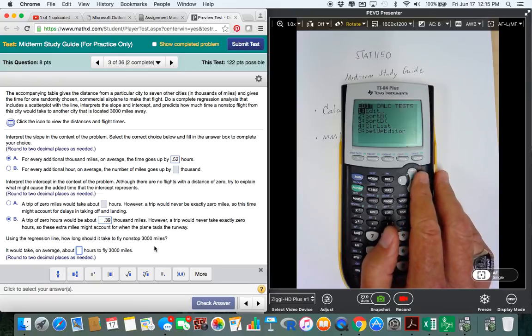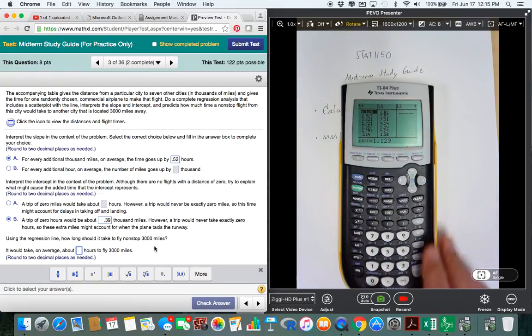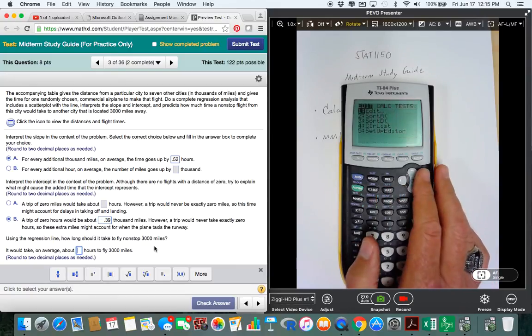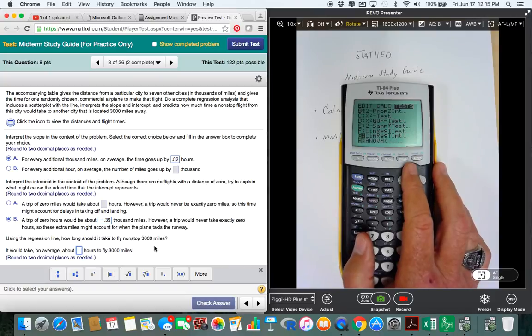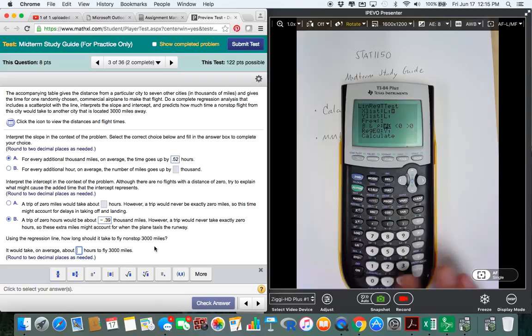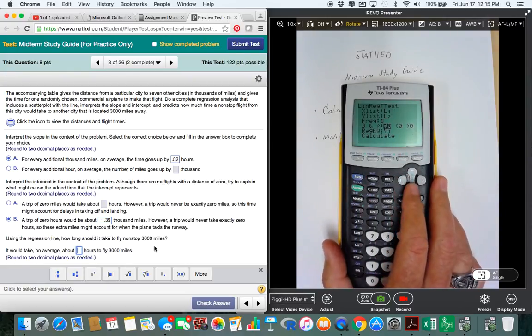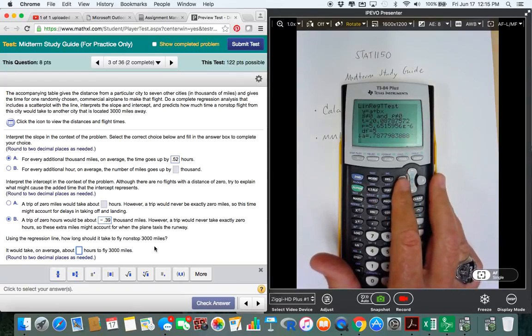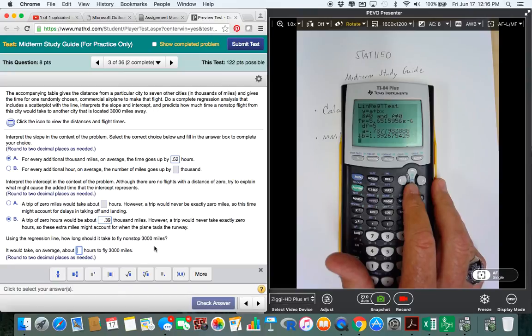So I have stat, L1, L2, right? Okay, cool. So I want to run the analysis. I need L1, L2, and I need to calculate. Okay, something happened.